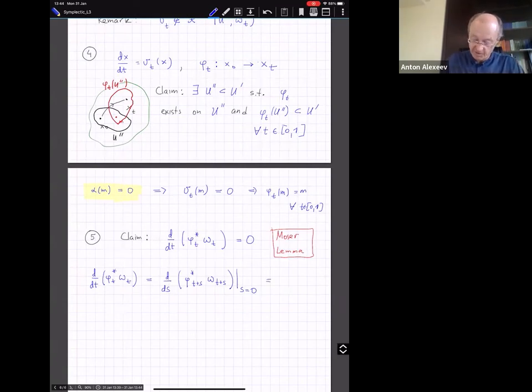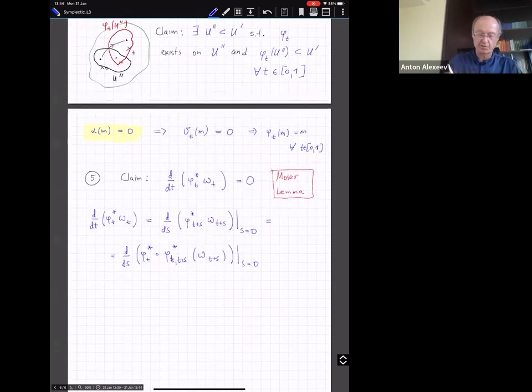Well, this is equal to d over ds, and here I write phi t star composed with phi s. Or maybe I write it like this: t plus s star applied to omega t plus s at s equals 0.